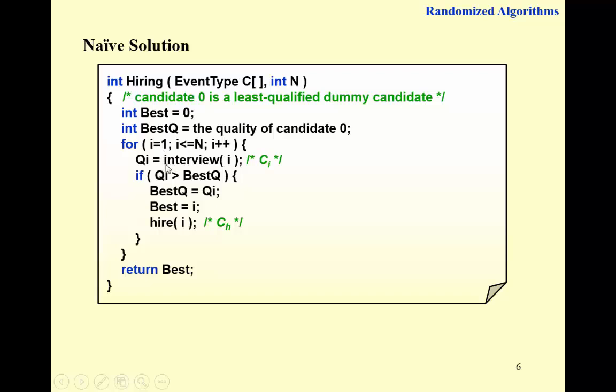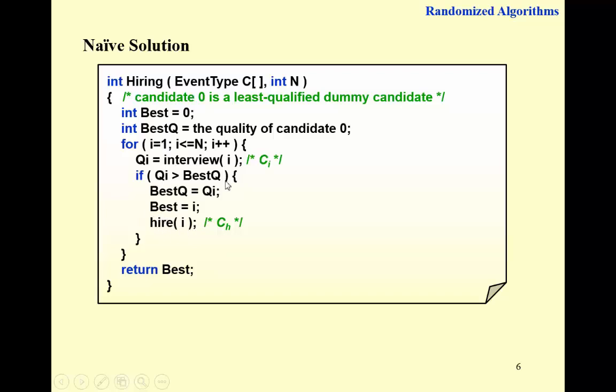Okay, so after interviewing the ith candidate, we obtain the ith quality, and the cost of that step is C sub I. All right. And if this quality is better than the best quality, we update the best quality and update the best candidate, and we hire this one. So here we have a cost C sub H. Whenever we encounter a better candidate, we will just hire this one.